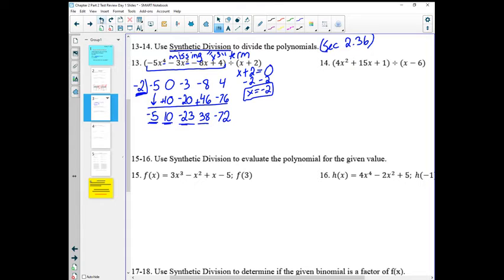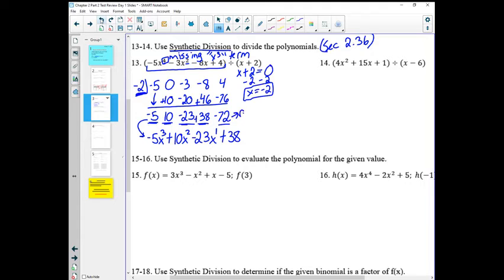These are the coefficients in our new polynomial, and the degree just drops down by 1. So instead of x to the fourth, this first term is x to the third. The next term is 10x squared minus 23x to the first plus 38, because that's a positive 38.